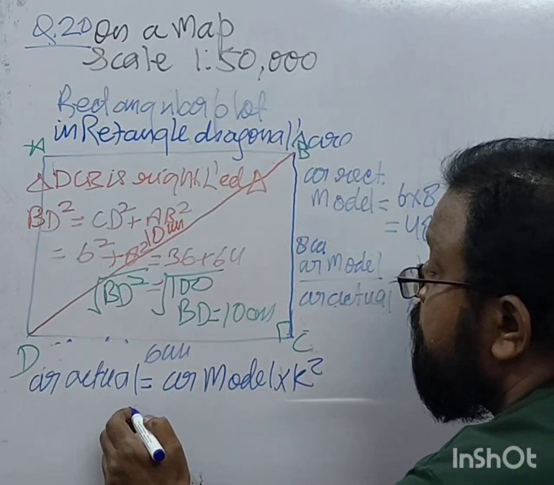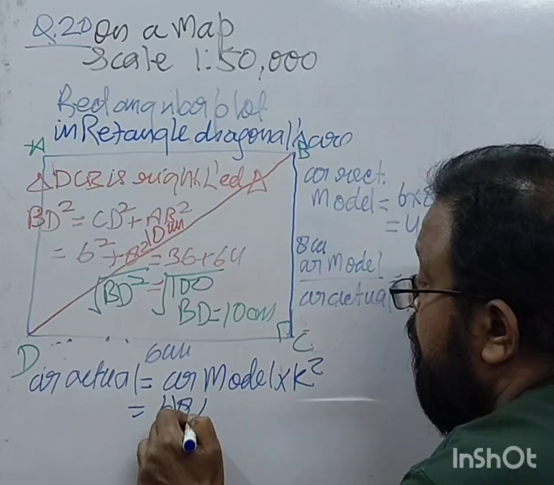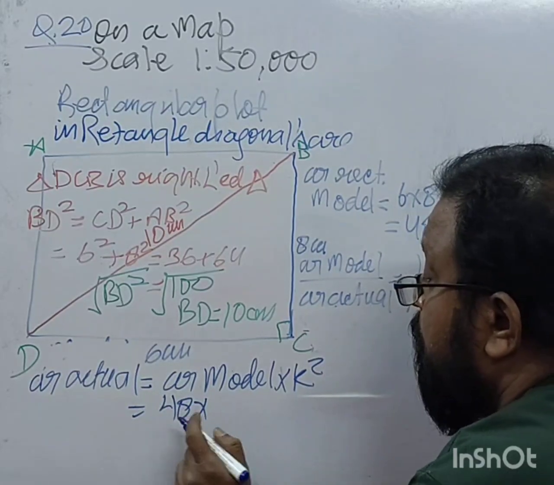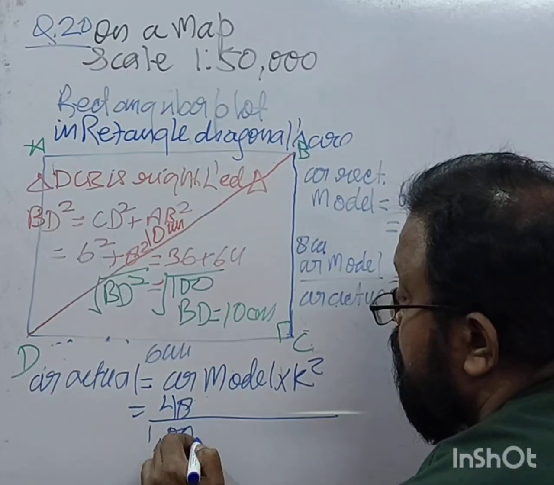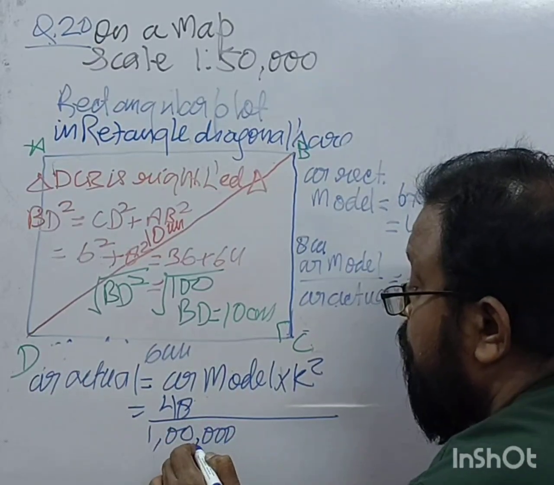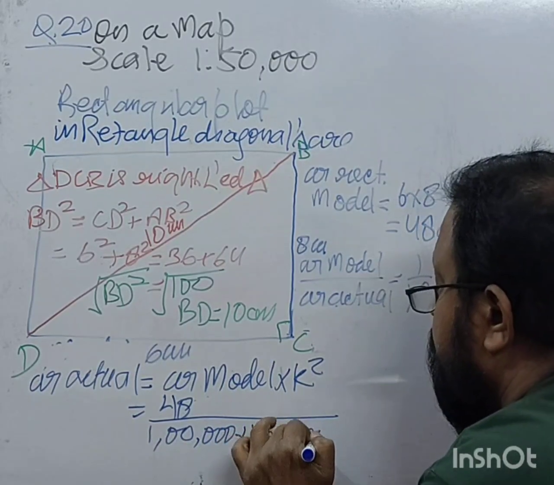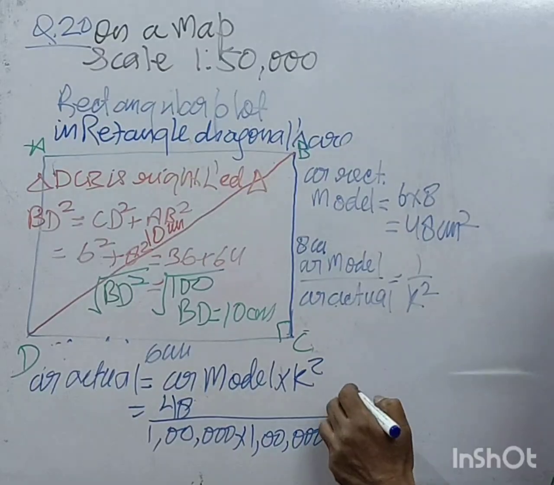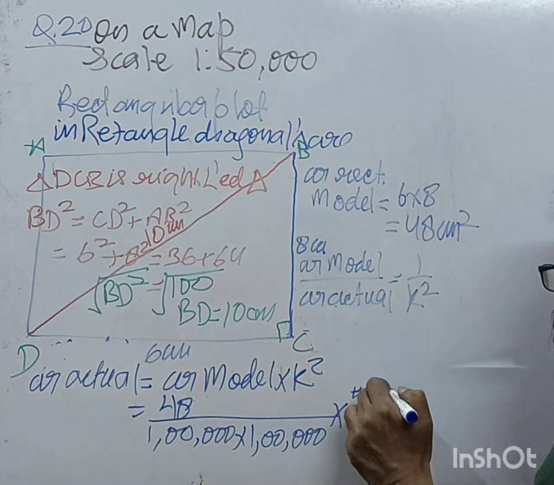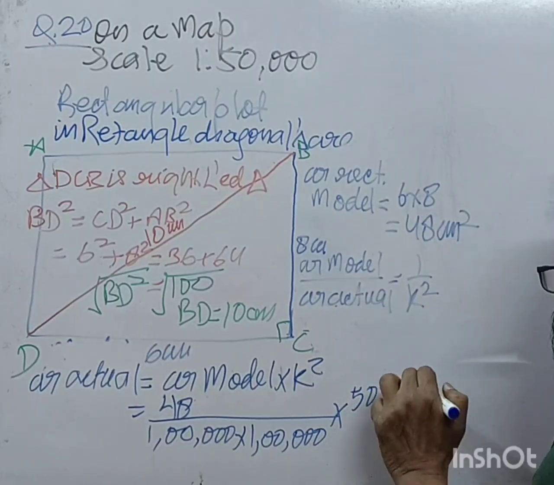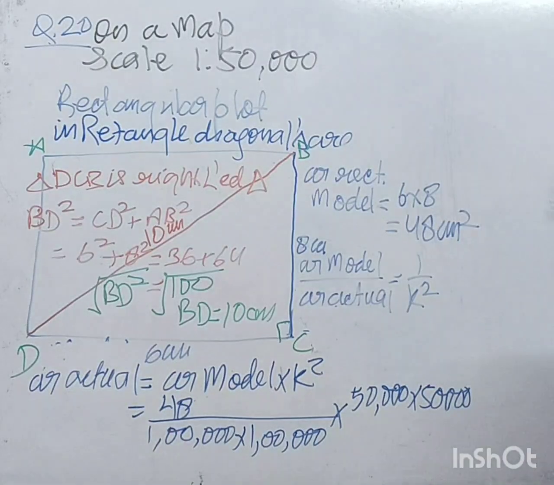So it becomes 48 into 48 upon 1 lakh into 1 lakh into 50,000 into 50,000, right?